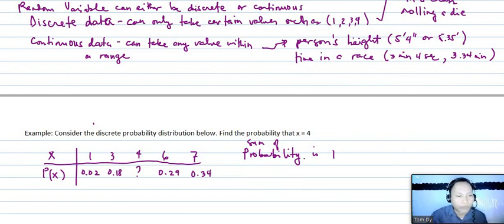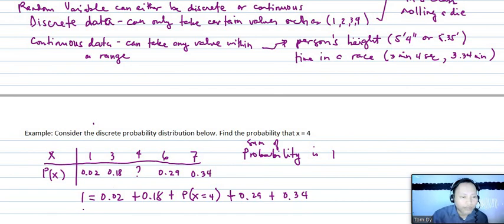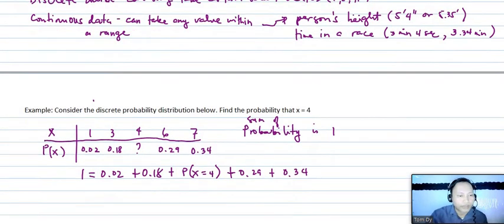The sum of the probabilities is equal to 1, so we write 1, which is equivalent to 0.02 plus 0.18 plus the probability when x equals 4, which is the unknown value, plus 0.29, plus 0.34.